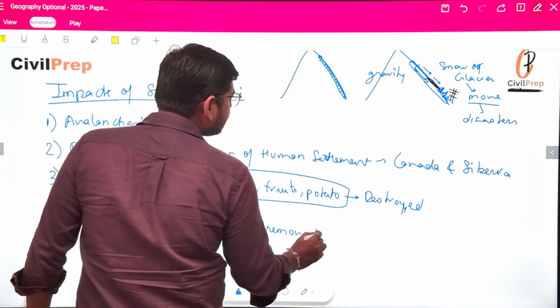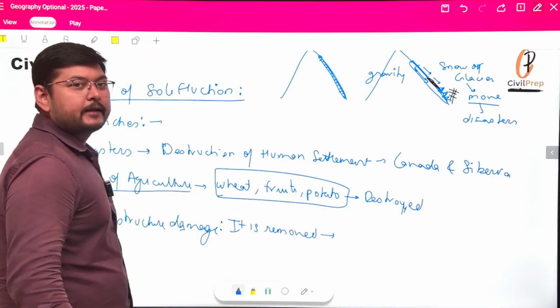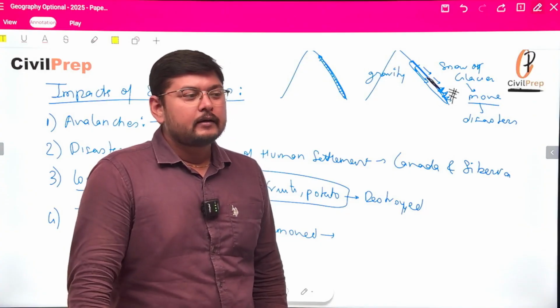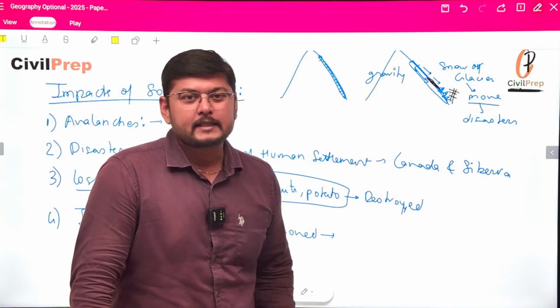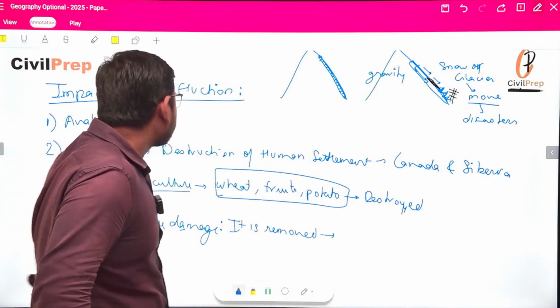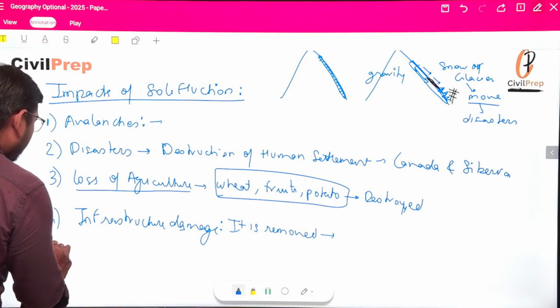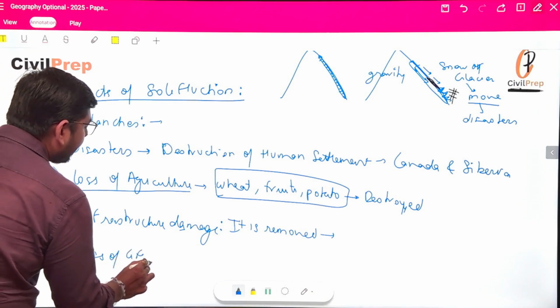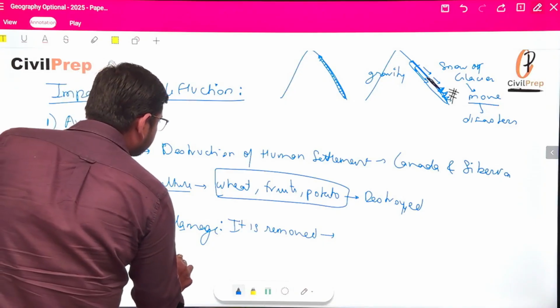The infrastructure is removed, and this again results into various kinds of loss of infrastructure. Huge amount of economic loss is occurring because of this particular aspect, and yes, there is loss of life also, loss of life and biodiversity loss.